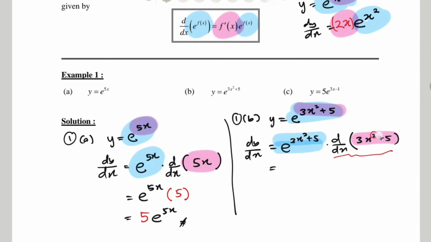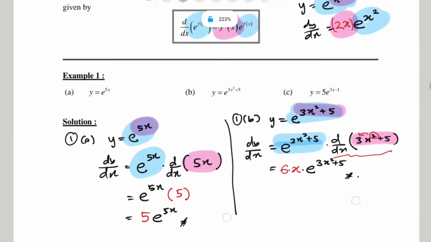You can bring this number 2 to the front, multiply with 3, you get 6, write the unknown, subtract the power with 1, 2 minus 1 is 1, when you differentiate 5 you get 0. Okay, so the answer is 6x. 6x is multiplied with the exponential function. And then this will be your final answer: 6 times x times e to the power of 3x squared plus 5.